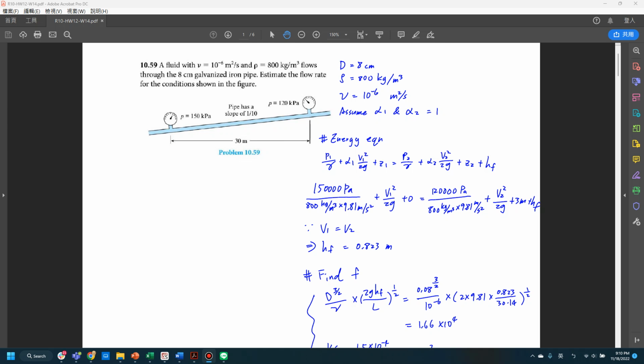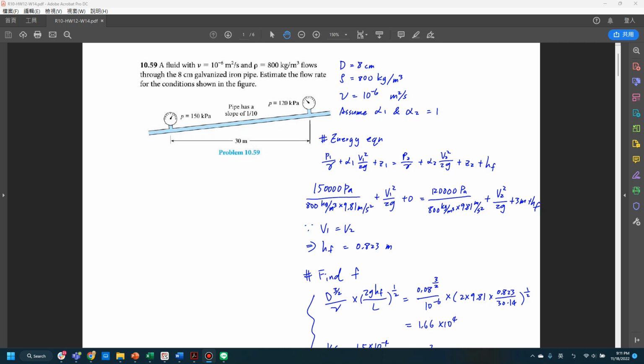We have 30 in length, therefore we have a 3 meter change in the vertical direction. And finally, we have the head loss on the right hand side.